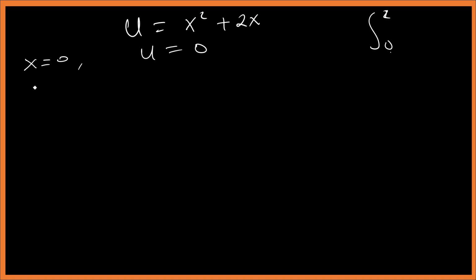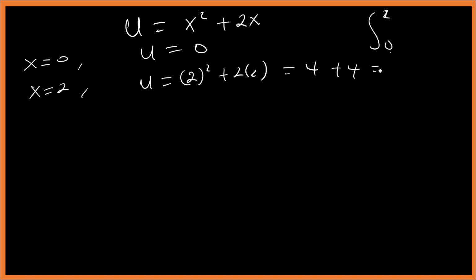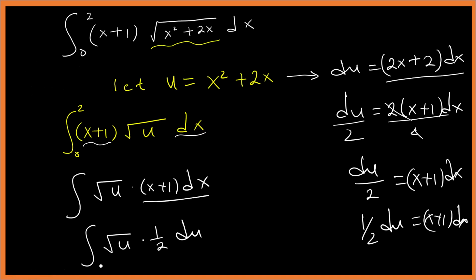And when x equals 2, same thing, you have u equals 2 squared plus 2 times 2, so we have 4 plus 4 equals 8. Okay, so we have 0 to 8, so we can put 0 to 8 here.